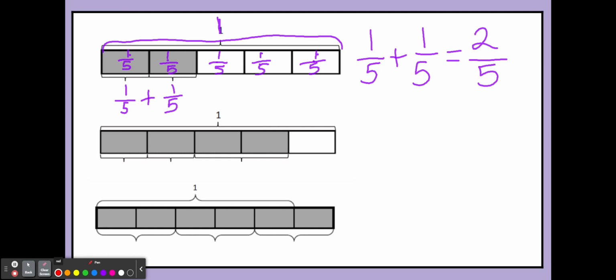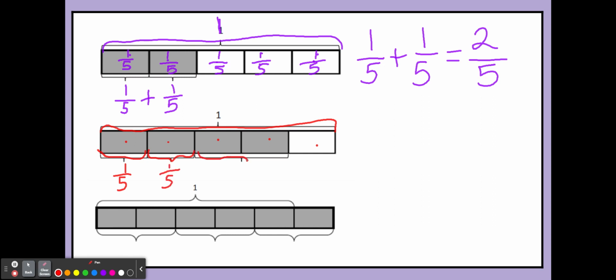Then in the second one, there are still 5 total pieces. So there's 1, 2, 3, 4, 5. So the denominator, the bottom number, is going to be 5. It's all equal to one whole. So here we see that this is just 1/5. This is 1/5.